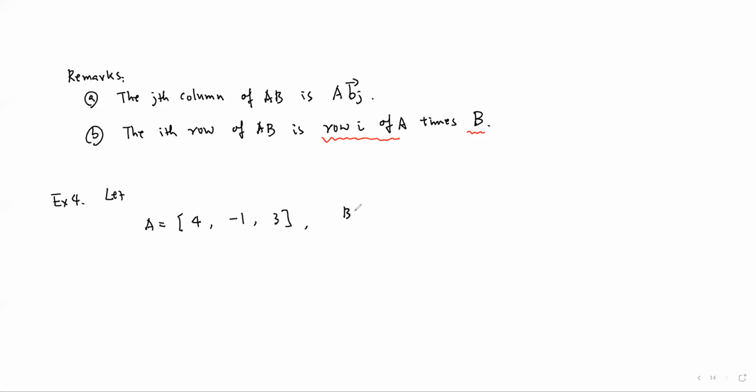Now B, this matrix has only one column: 2, 1, 3. The size is 3 by 1. And A is 1 by 3.